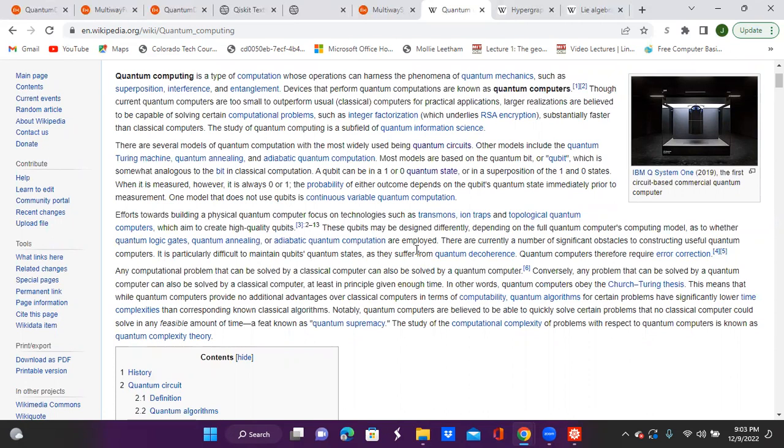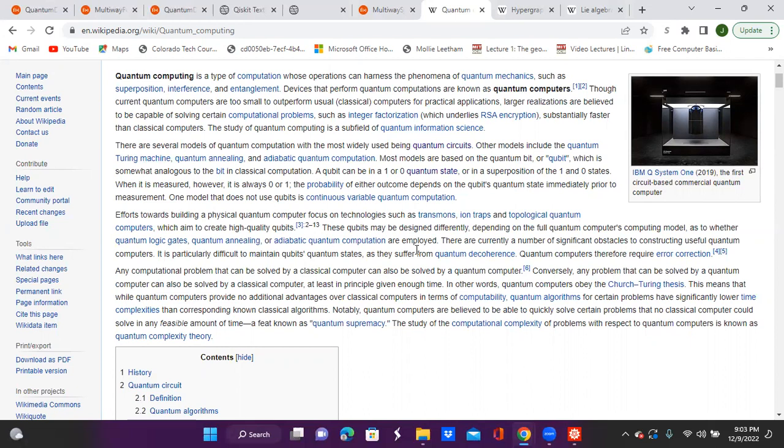Though current quantum computers are too small to outperform usual classical computers for practical applications, larger realizations are believed to be capable of solving certain computational problems, such as integer factorization, which underlies RSA encryption, substantially faster than classical computers. The study of quantum computing is a subfield of quantum information science.